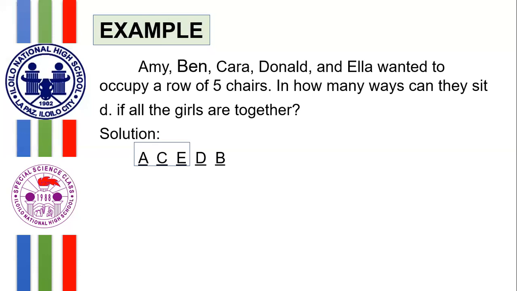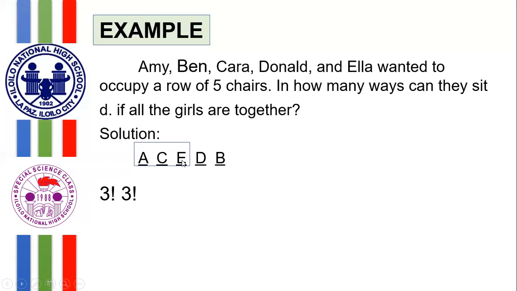If you see three slots, then you are correct. Why three slots? Because we have here 1, 2, 3 slots. That's why we have here 3 factorial. And you might ask, sir, where did the other 3 factorial come from? Why is there another 3 factorial? Because inside the box, we have 1, 2, 3 objects.